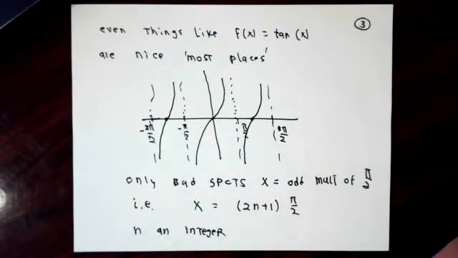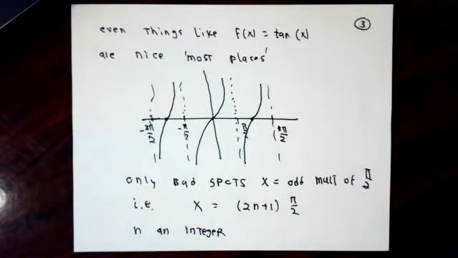The only bad spots on this graph are places where x is an odd multiple of pi over 2, which, if I wanted to be fancy about it, I could say, think of n as being an integer, a whole number. Odd whole numbers look like 2 times a number plus 1. Odd numbers are 1 more than an even number.